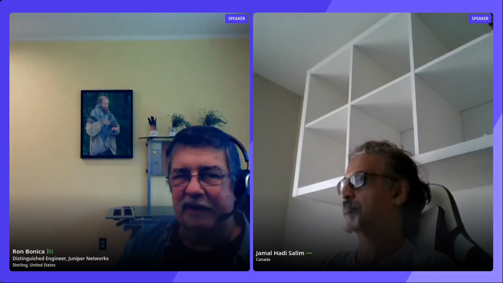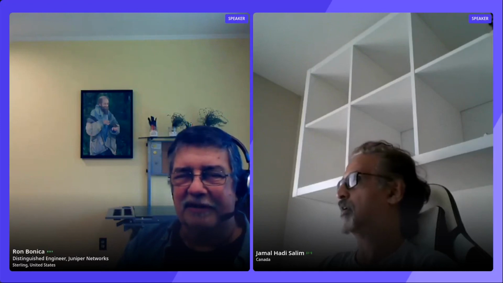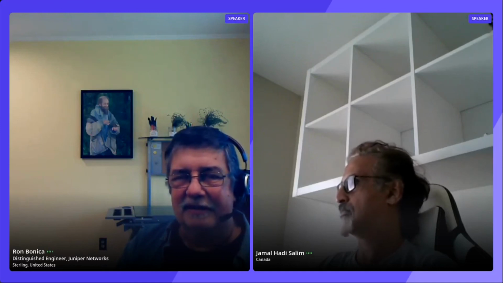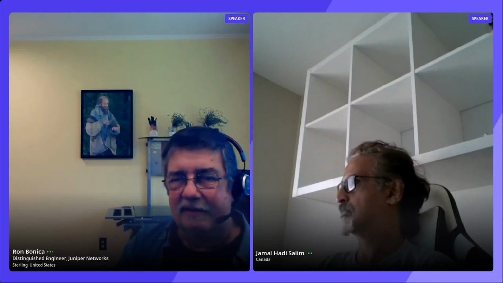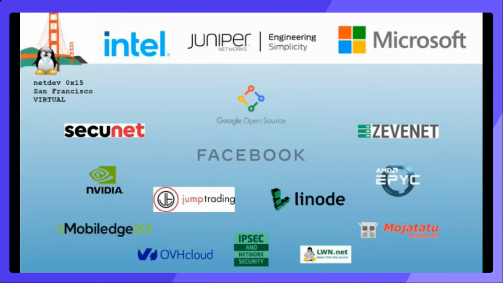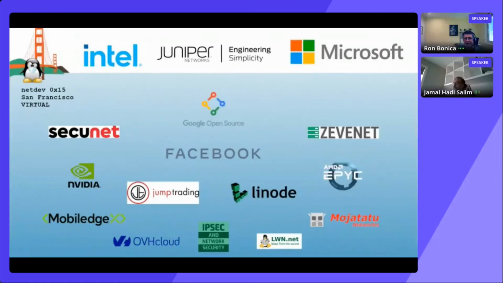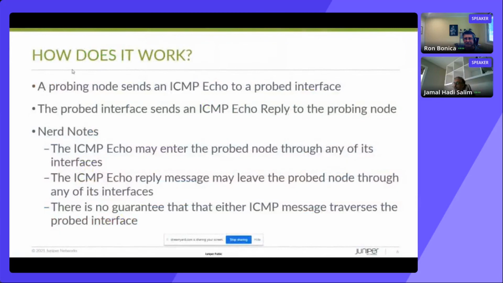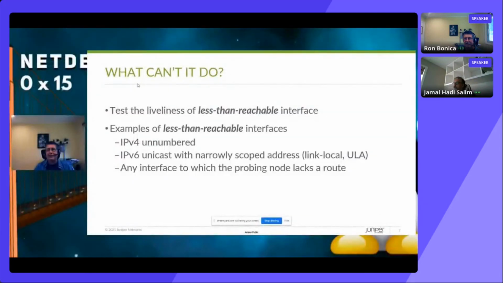Well, I just have to find it, and I'll know the version number. It is in Linux kernel 5.13.